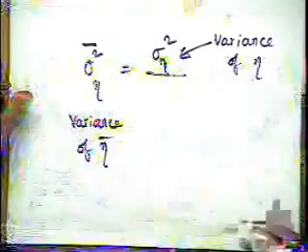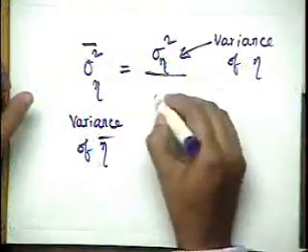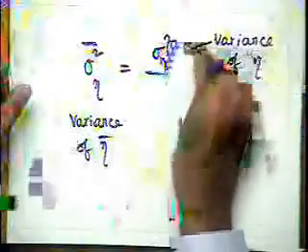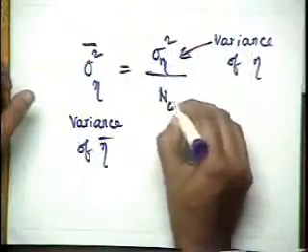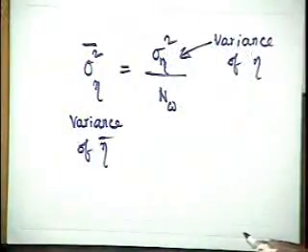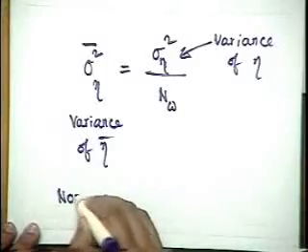So what happens? The variance comes down, or rather the noise power comes down. So the noise power reduces by a factor NW.